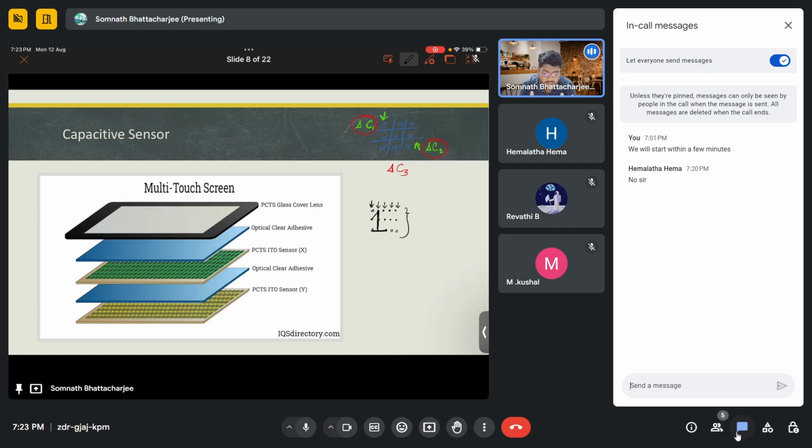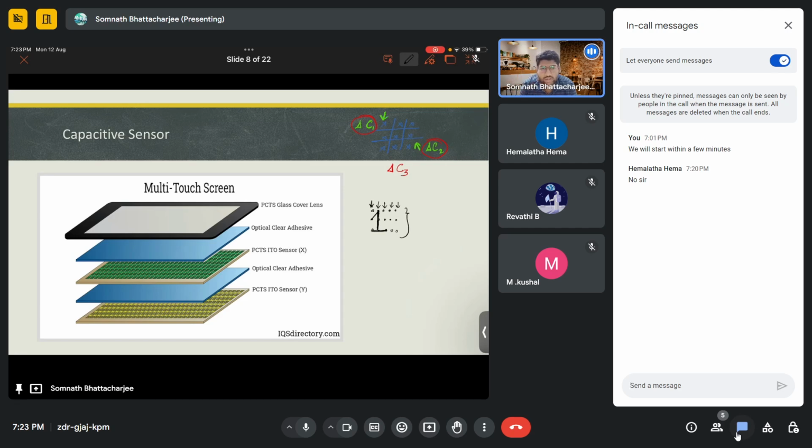But if we learn from a sensor that we use every day, like a smartphone, everybody uses a smartphone and it has a touch screen, we can know how the touch sensor and the screen are working.